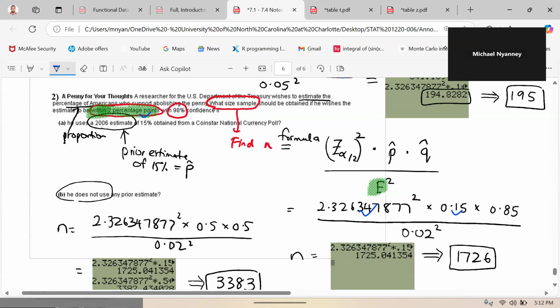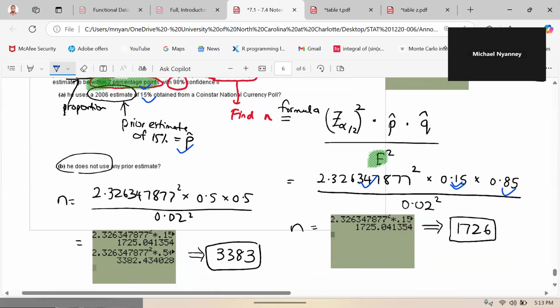We have P. It uses the 2006 estimate of 15%, so this is our P. If P is 15%, then Q will be 85%. You should always make these two sum to 1 or 100%. Then you're good to go. Insert into the formula and it gets n to be this.